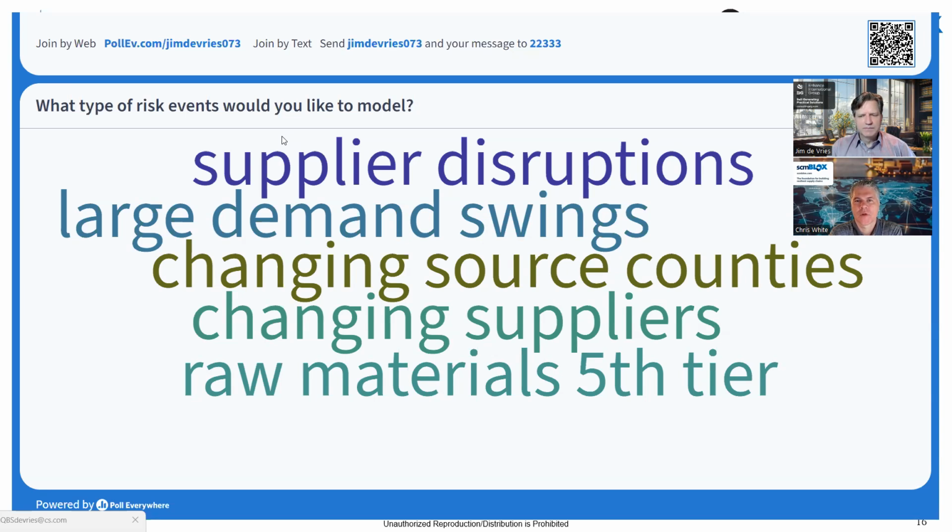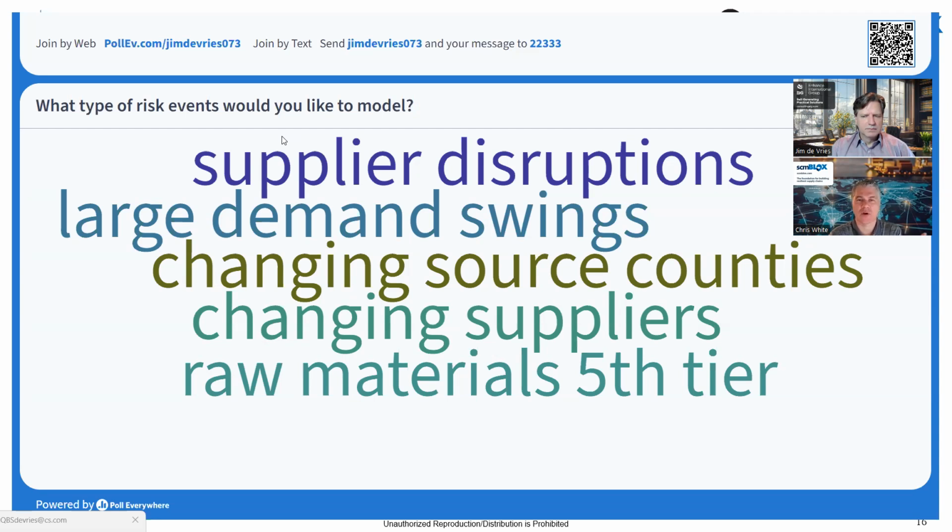Chris, your thoughts? Yeah, I'm looking at this list and all these things. This is why we actually developed scmBLOX. It started with the military and now we're commercializing it. But these are the exact problems. These are big, strategic, long. They play out over a long term, months, if not years, perhaps even decades. And so there's nothing available to do that. So we developed a structural simulation approach that looks at these problems just like this.